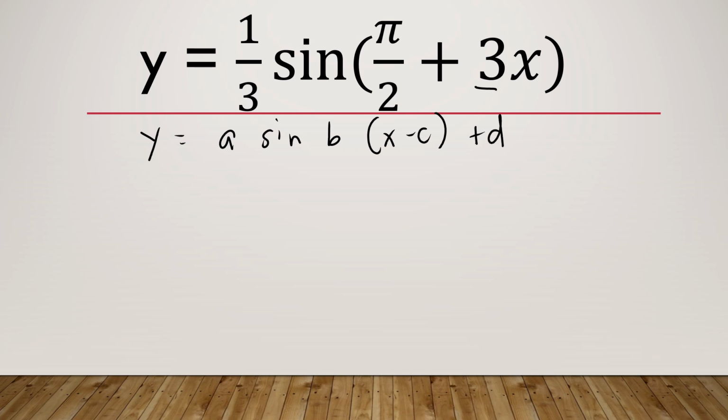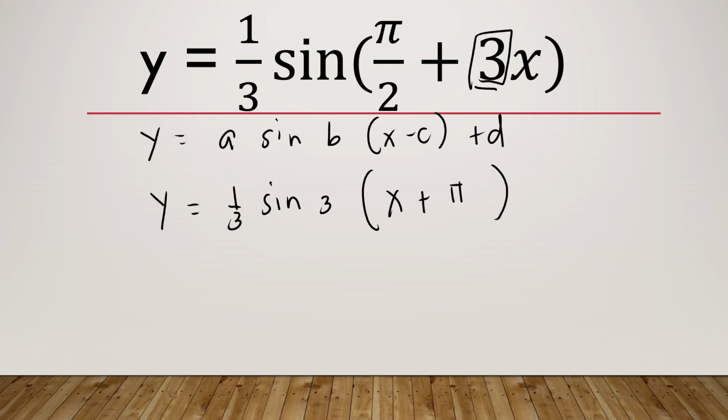That's the reason why we need to put 3 outside the parentheses. So it will be y equals 1/3 sine, write 3, and then let's factor. 3x divided by 3 is x. Then pi over 2 divided by 3 is equal to pi over 6. So therefore, it will be y equals 1/3 sine 3 quantity x plus pi over 6.